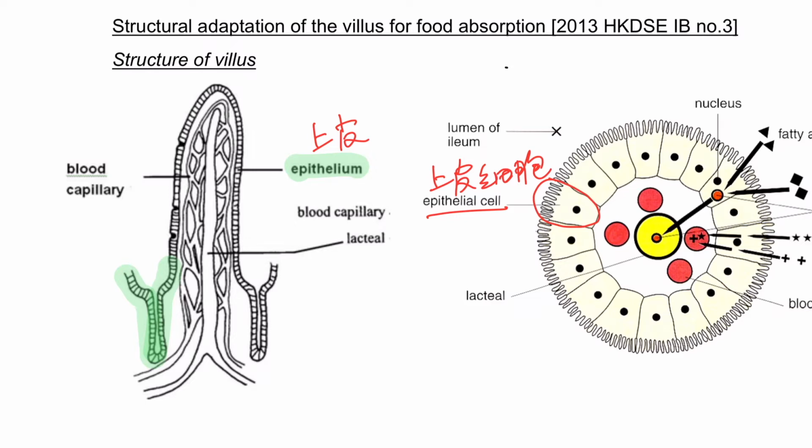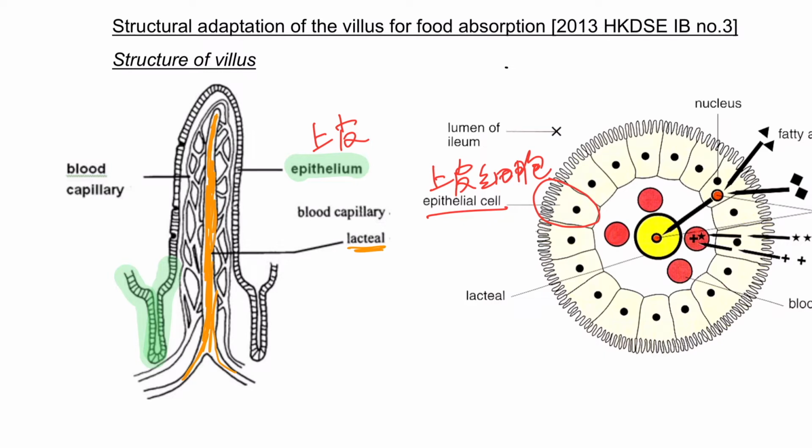Apart from the epithelium, look inside this villus. You can see there is a central tube. This central tube is known as the lacteal. It is a place for absorption of lipid or oil or fat.